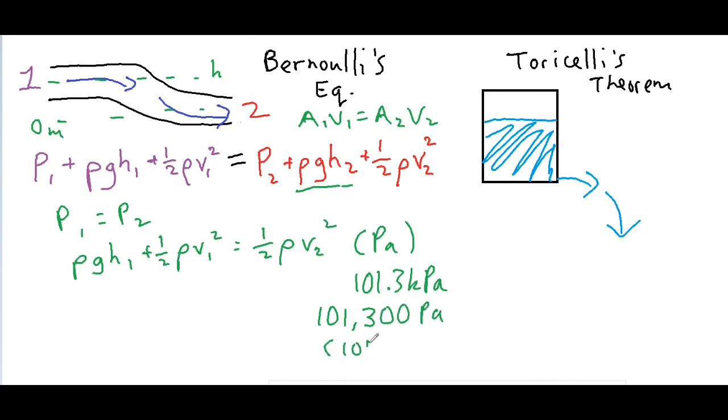Technically it's 101,325 pascals, if you include a couple more significant figures. So that's something to be careful about. You might have to do a little bit of converting before you place stuff into Bernoulli's equation.